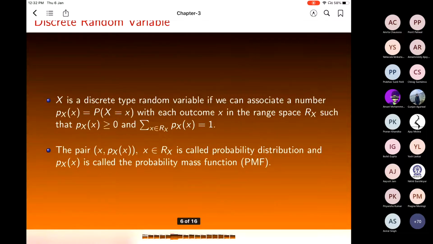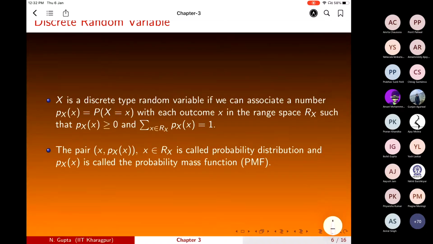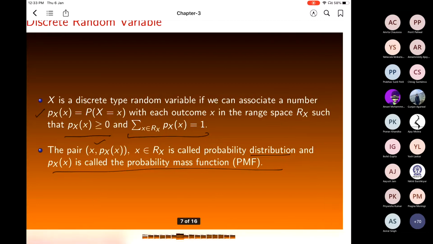So for the discrete type random variable, we can associate a number px to each outcome x in the range space of X, such that px is greater than or equal to 0 and less than or equal to 1, such that their sum is 1. The pair (x, px) is called the probability distribution and px is called the probability mass function.